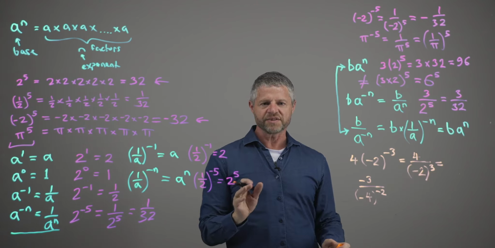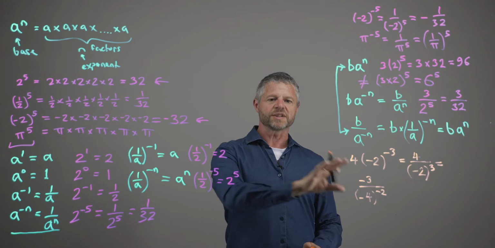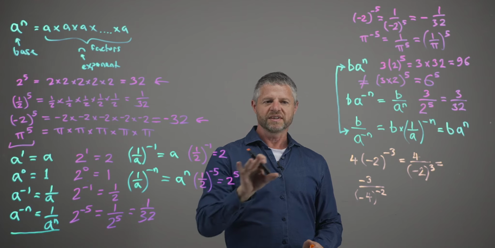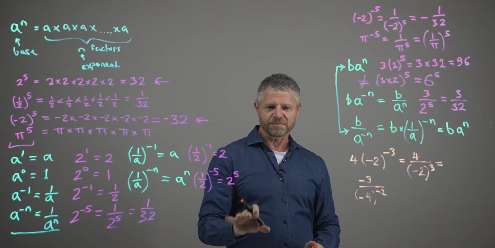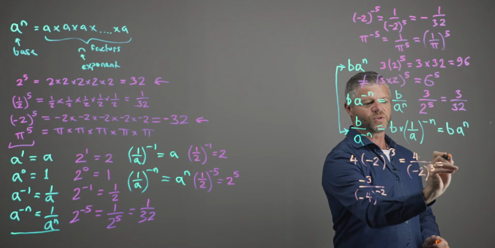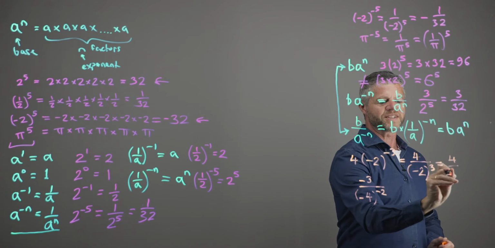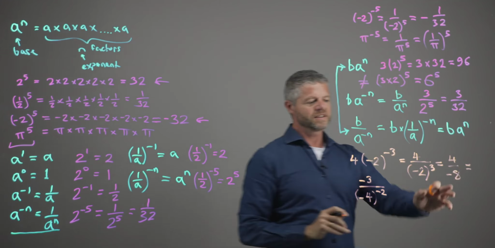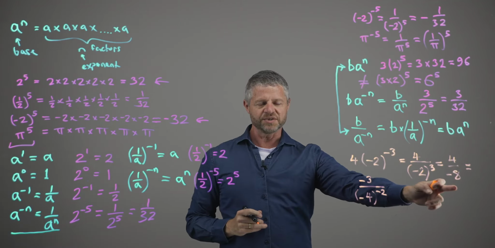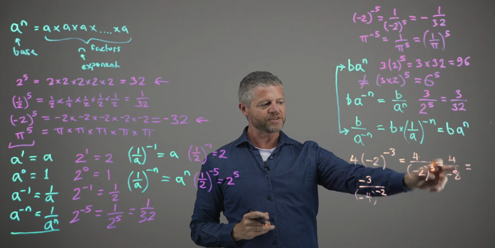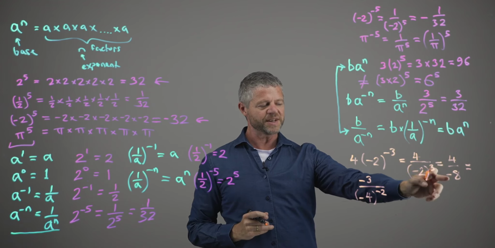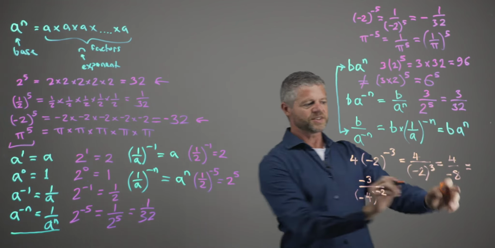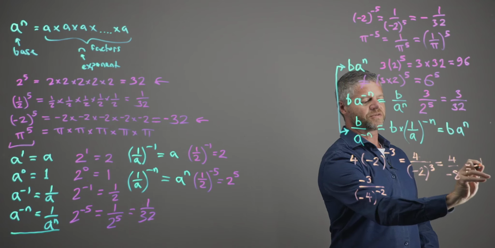Minus 2 raised to the power 3 is just minus 2 times minus 2 times minus 2, which is minus 8. So we're going to have 4 over minus 8, and that is not in lowest terms. We've got to reduce this to lowest terms. There's a common factor of 4 in numerator and denominator. So this is going to be equal to minus 1/2.